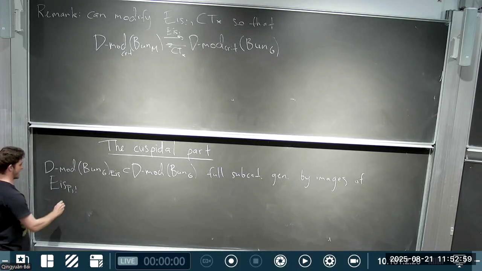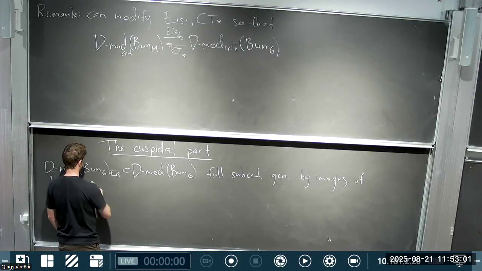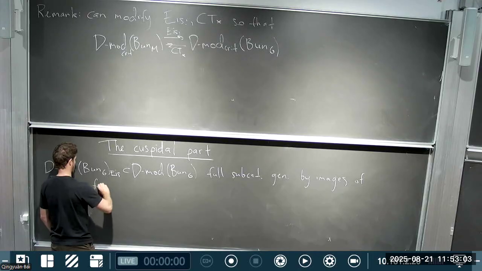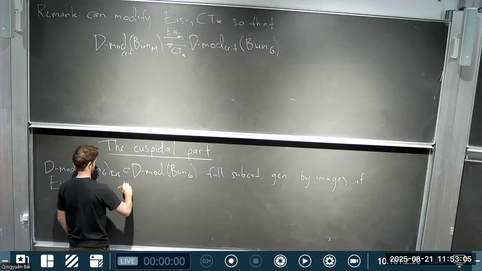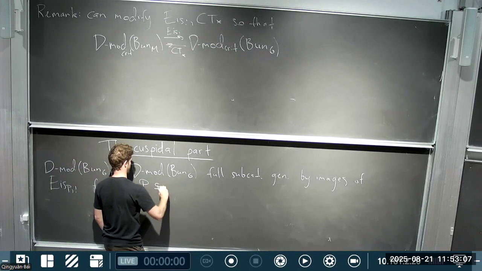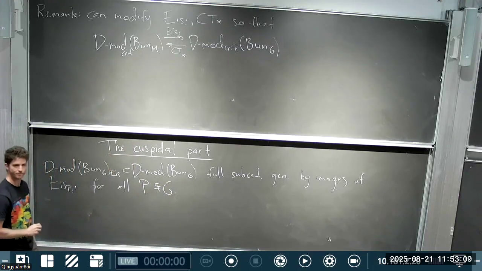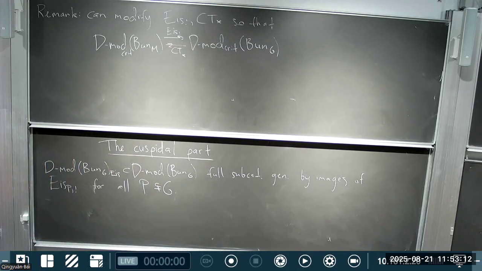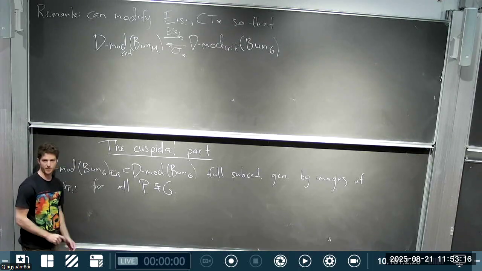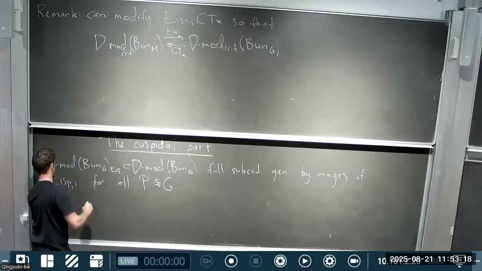So this is for all proper parabolic subgroups. This is the part that is generated by Eisenstein series, and then we define the cuspidal part to simply be the right orthogonal complement of this.